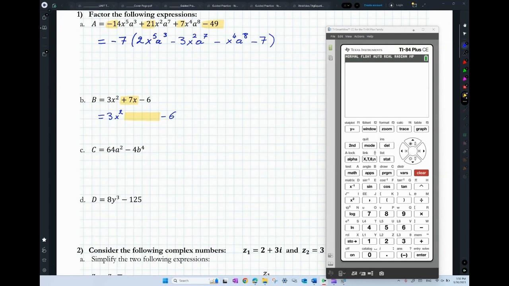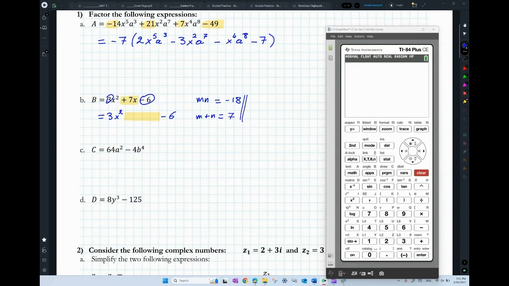With coefficients m and n, such that m times n equals 3 times -6, which is -18. And if I add them up, that gives me this +7.